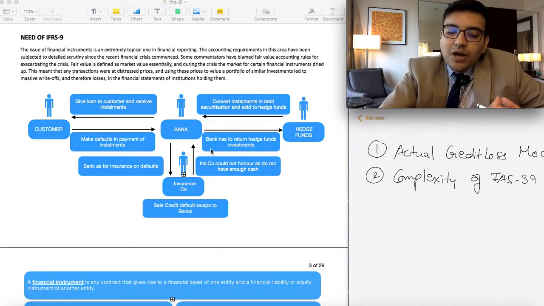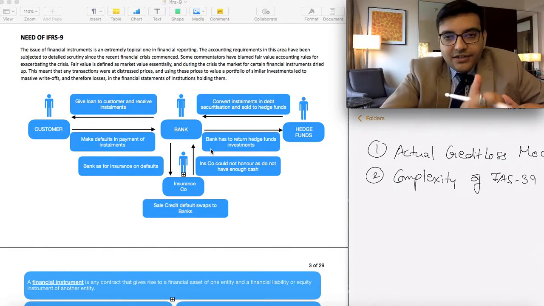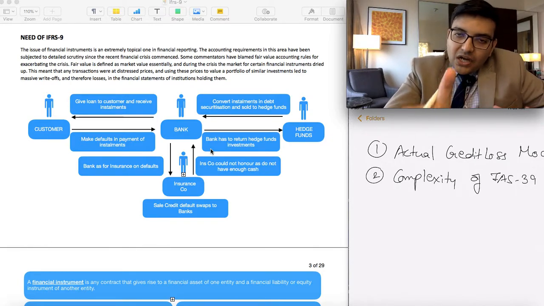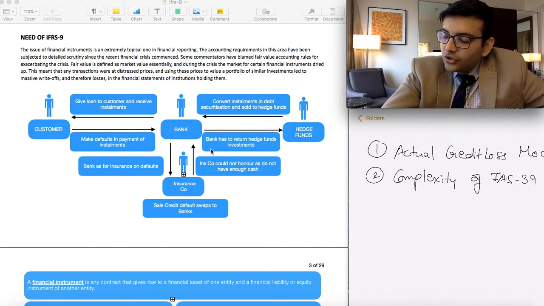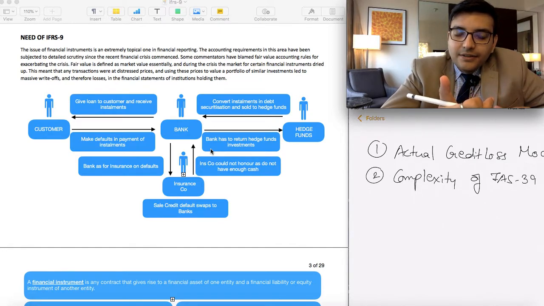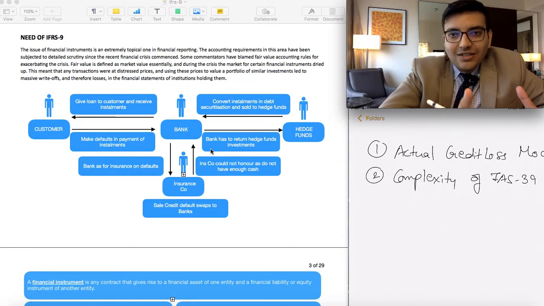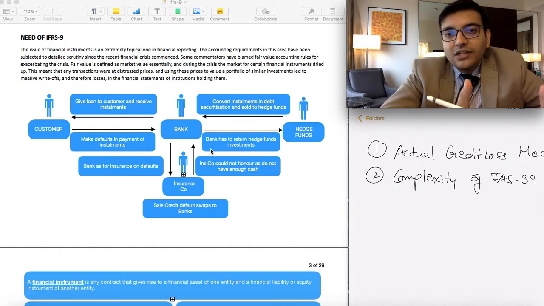We are just talking about how IAS 39 helped worsen the effect of the economic recession.